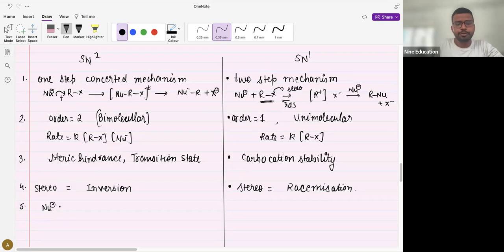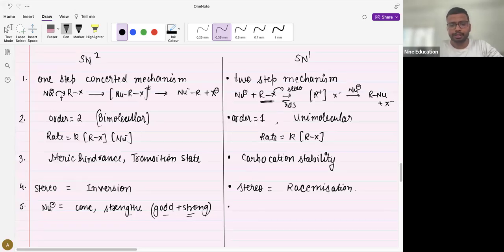Nucleophiles here, the concentration and strength should be strong: good and strong nucleophiles are used in SN2. But the SN1 reaction does not depend upon the concentration of nucleophiles.